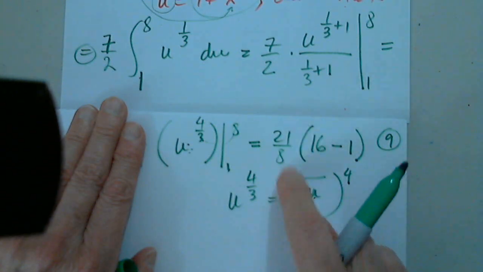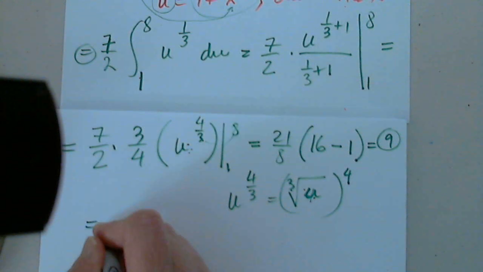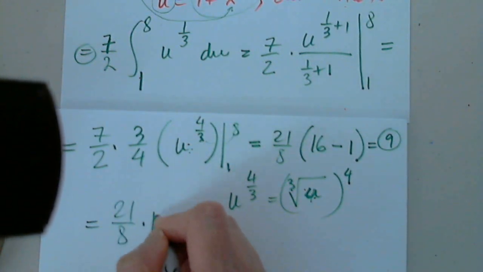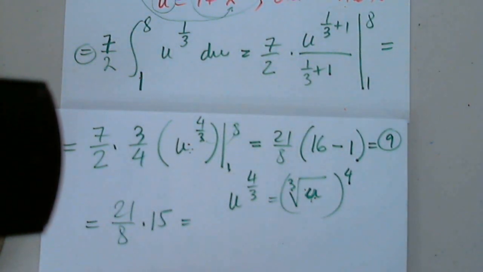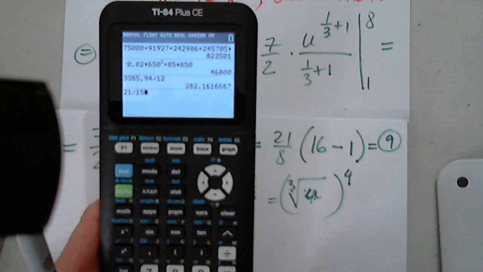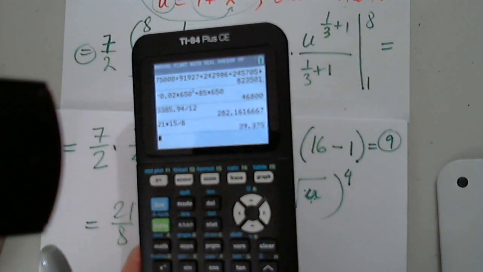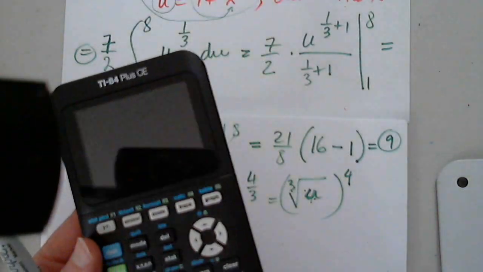The cube root of 1 is 1. 1 to the 4th is still 1. So then, finally, we have 21 over 8 times 15. 21 times 15 over 8 is 39.375.